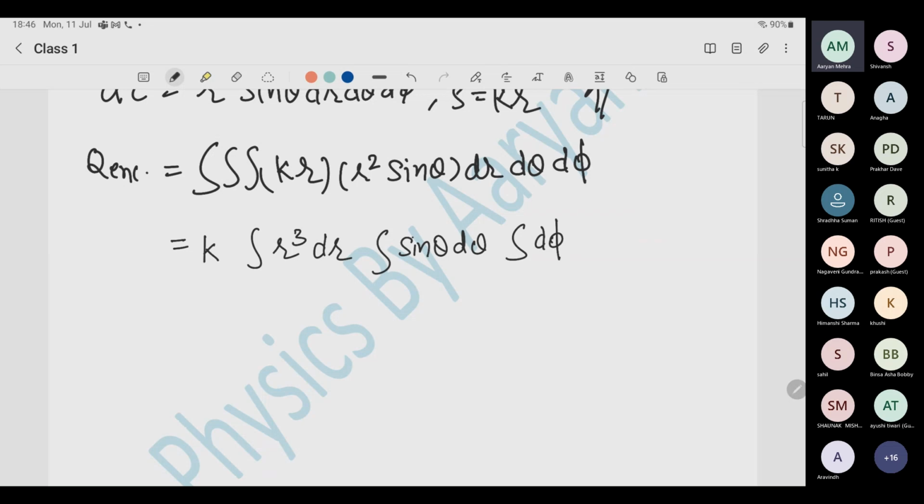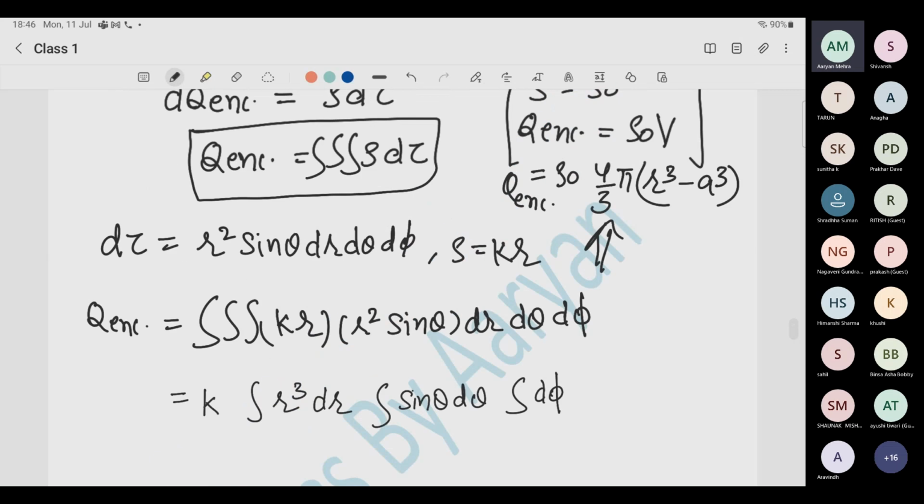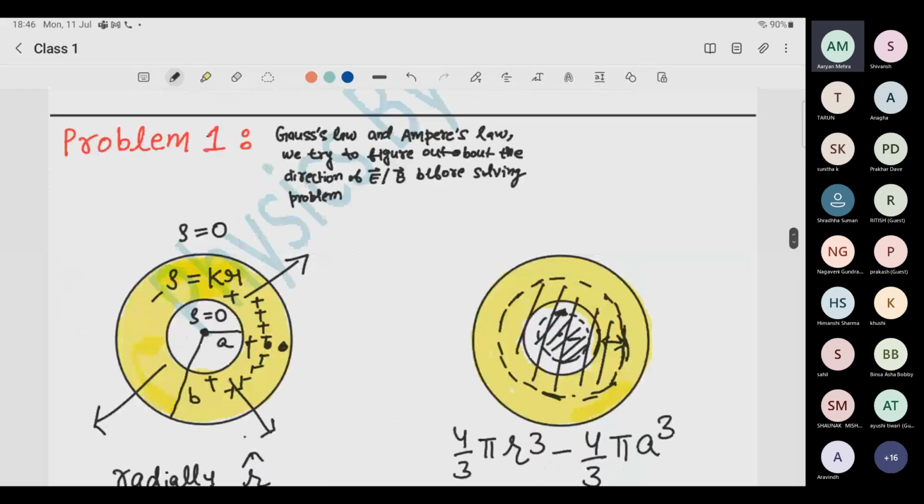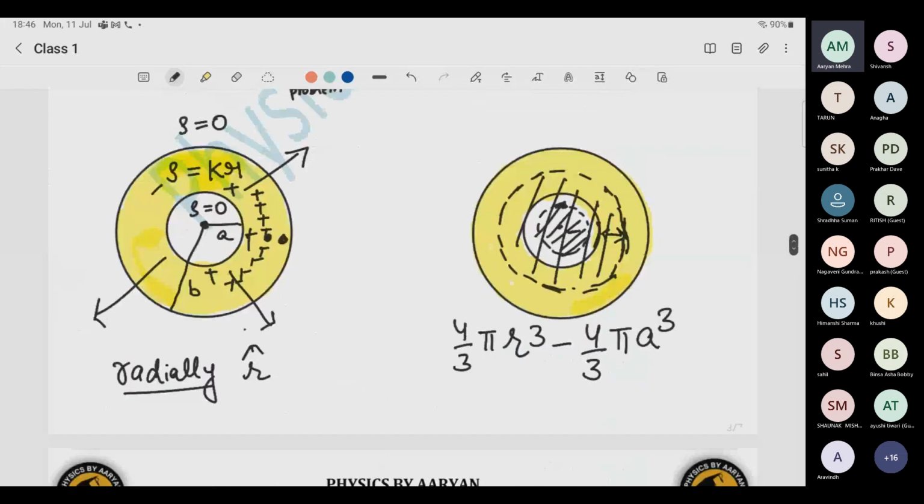What will be the limits of r? I want you to see this diagram very carefully and tell me the limits of r. A to B? No, a to r.